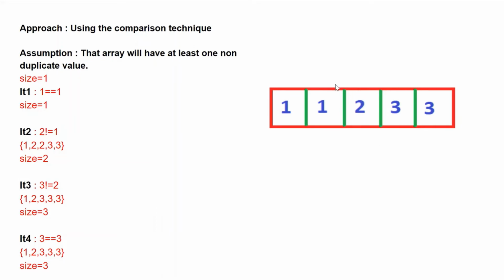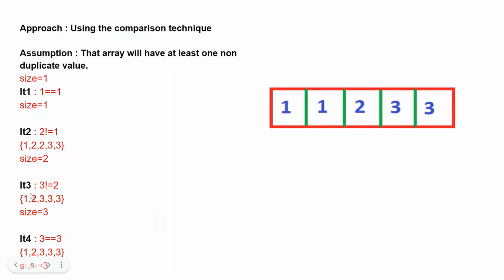It is compared with its previous array element 1. 2 is not equal to 1, that is, both of these values are non-duplicates. Our size index is 1, so we copy the non-duplicate value, which is 2, at the size index, which is 1. So our array changes to 1, 2, 2, 3, 3. Now size will also change to 2. We increment the size as we enter the if clause.